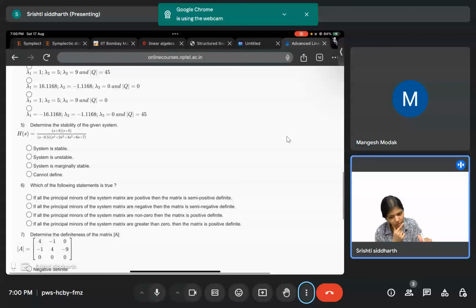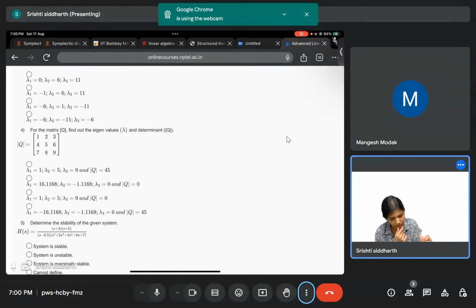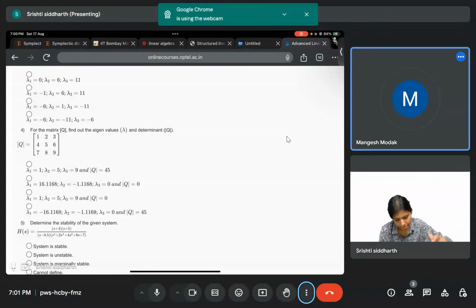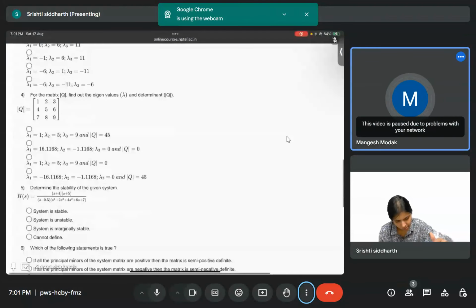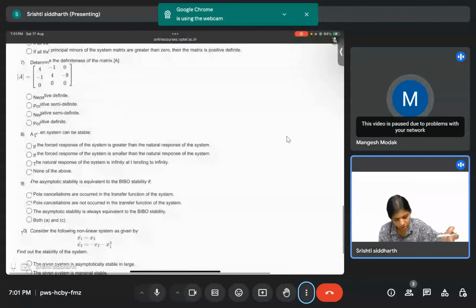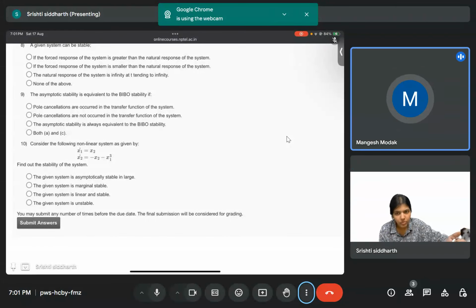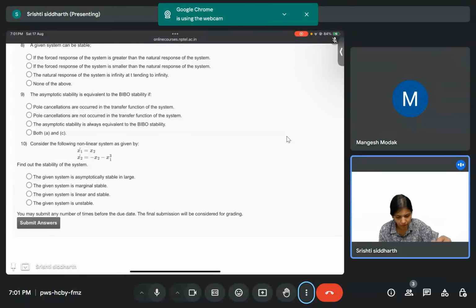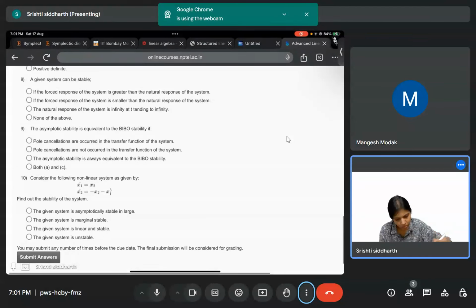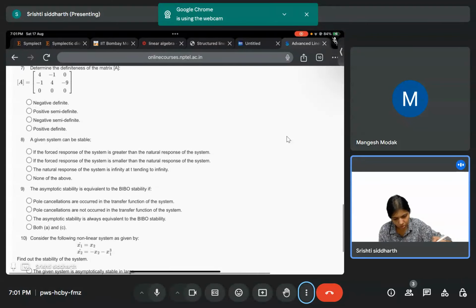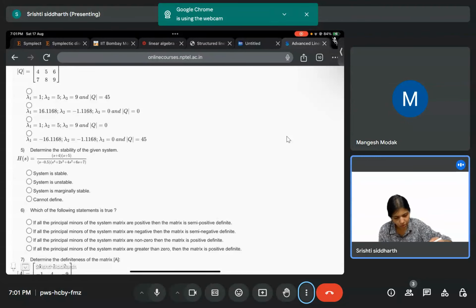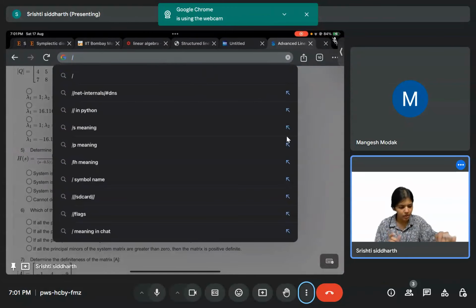Did you have doubt in any other question? Or is that it? You can choose the norm as well. So maybe let me just check question number 5, whether the Routh criterion is applicable or not. I will post it on the announcements portal.